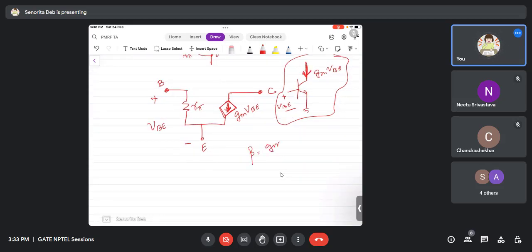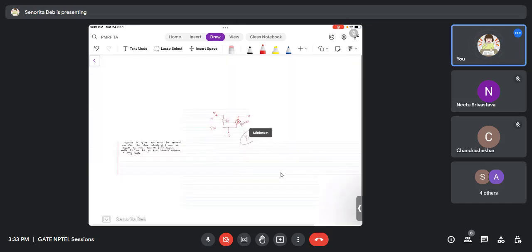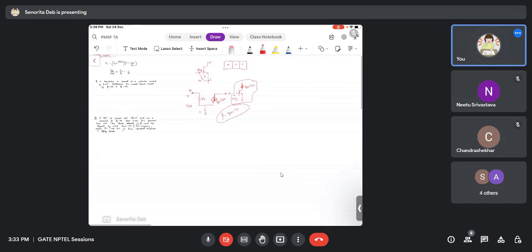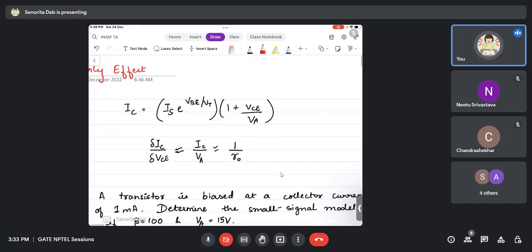Okay. So now this R pi, we derived the relationship that beta is equal to gm times R pi. Now with this we come to another term which is the resistance due to the early effect. I am not going into what early effect is. We had seen that in our earlier classes, a small part of it. If you want to read about it in detail, you can go through the NPTEL lectures, very well explained.